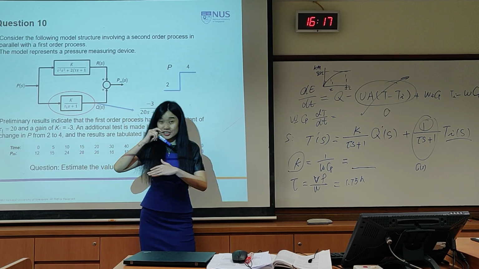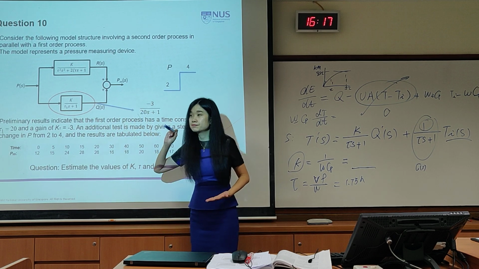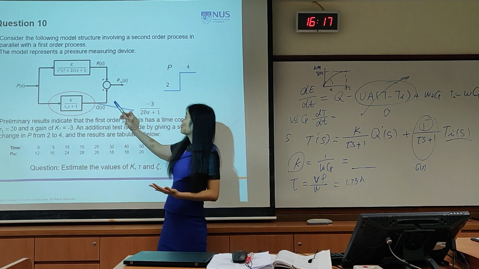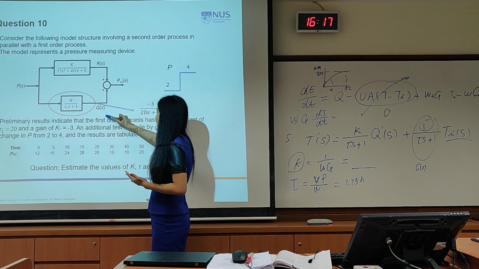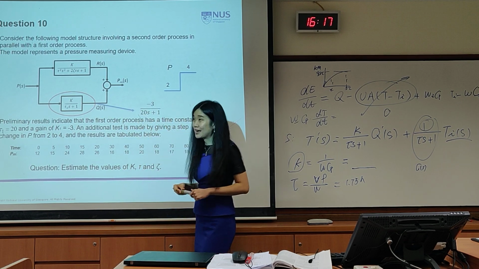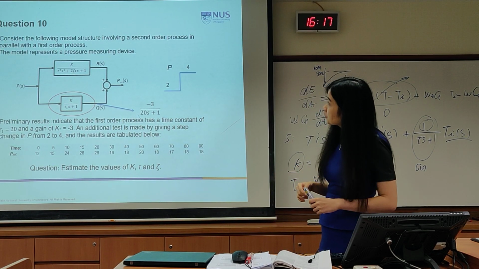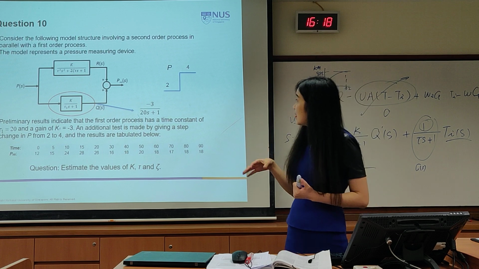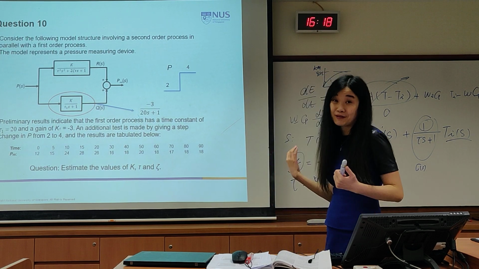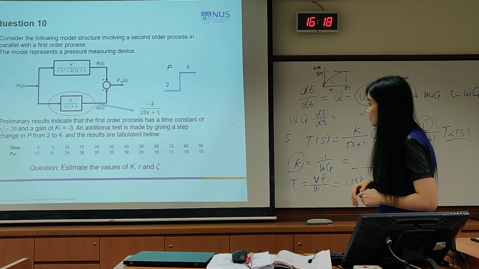This is a parallel structure. When the signal PS passes through both processes, you get the RS on top and the QS on the bottom, and sum them together to get the final output PM. Okay, so this is the block diagram. And we see this model can represent a Fleischer-Meyer device. So it doesn't matter what process. Here we just focus on the equations directly.